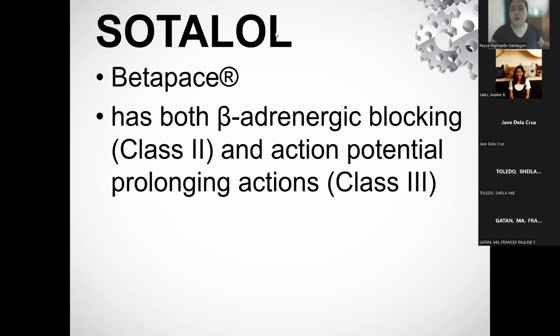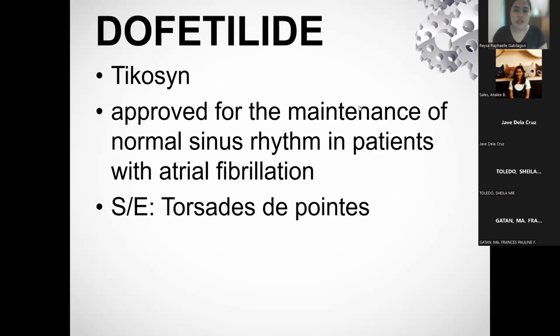And then sotalol, remember, is a beta blocker. However, it has an additional activity of also blocking the potassium channel, so it can also prolong the action potential. And then we have here dofetilide, or Tikosyn, which we use as a maintenance drug for patients with normal sinus rhythm but with atrial fibrillation.